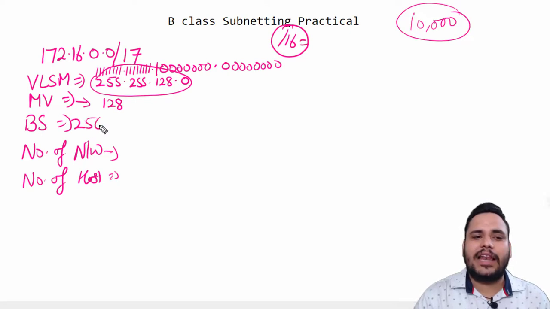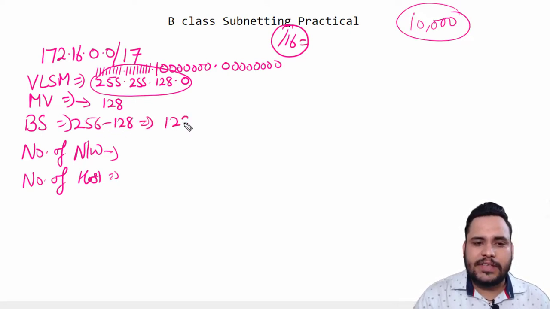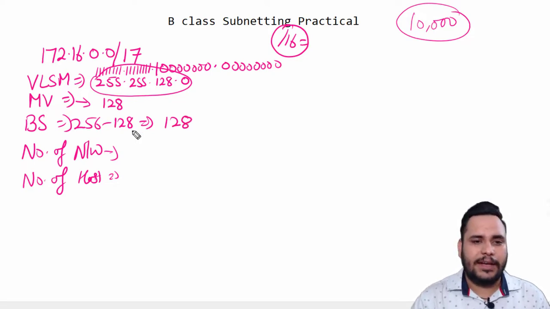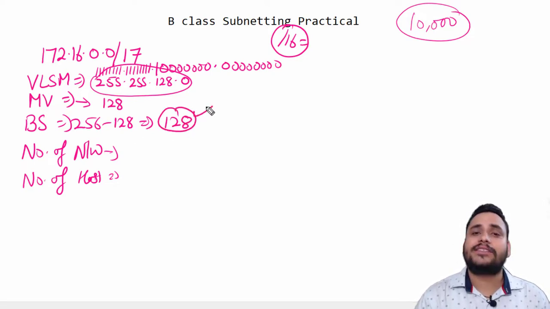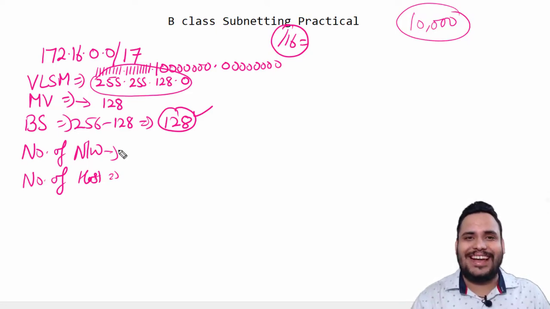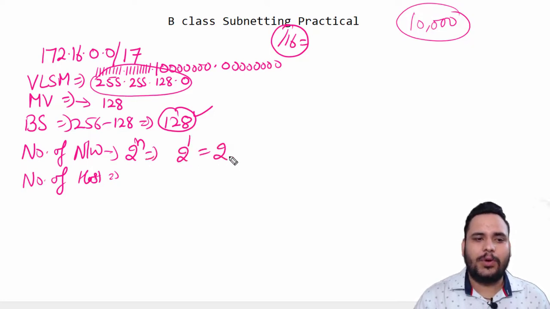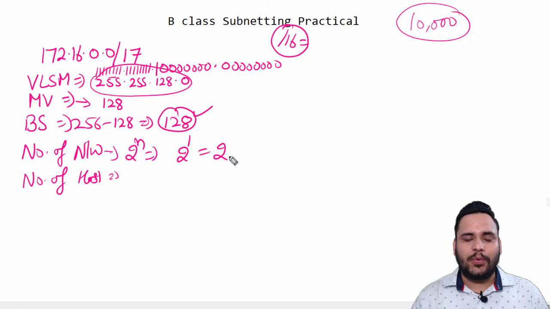Same as in C class, I have solved block size, 256 minus magic value, but the host values are different from C class. Number of networks: we have 1 bit, so number of networks is equal to 2.